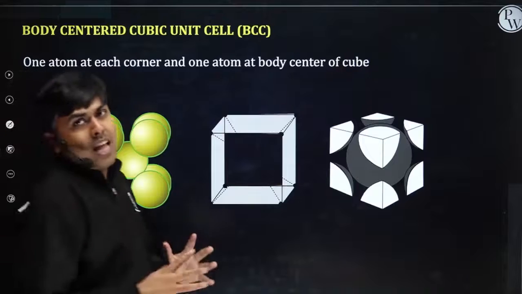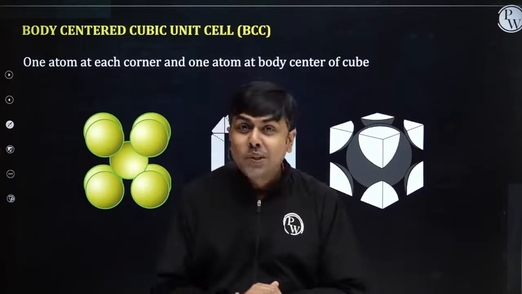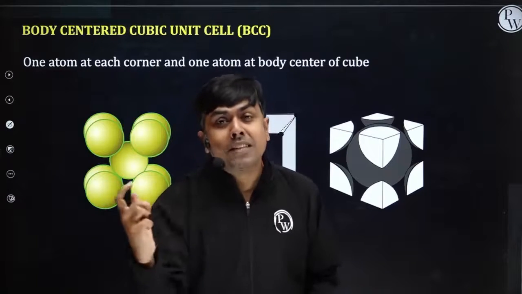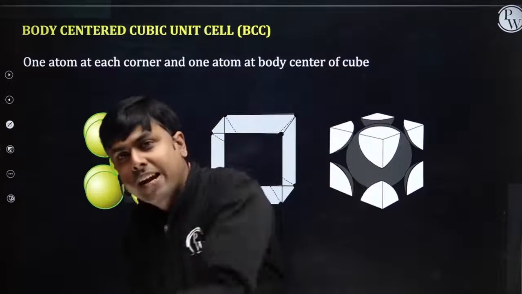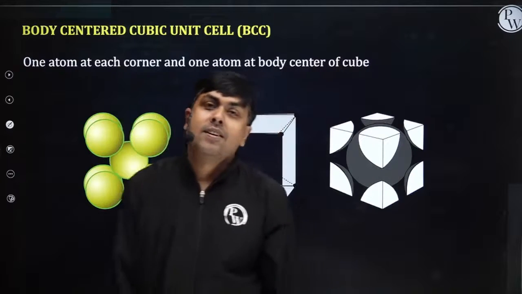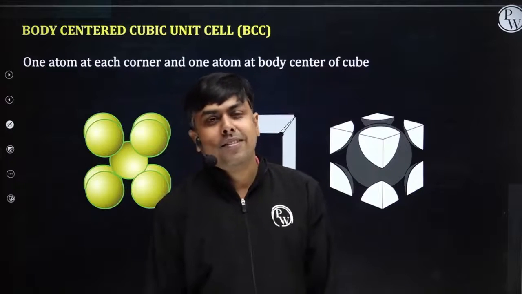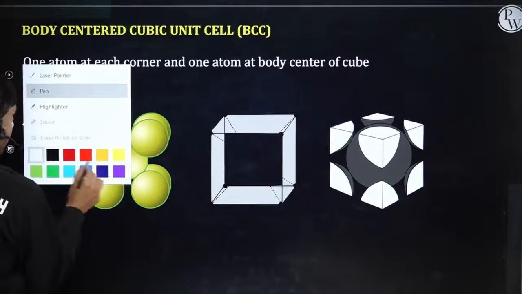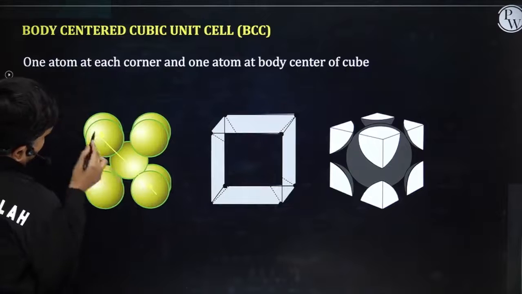Moving to the next type of unit cell which we have to study, the body-centered unit cell. Student, here apart from the corners, one atom is placed at the body center. In such a way, the corner atom touches the body center along the body diagonal. This is my corner atom, and it is touching the body center atom.